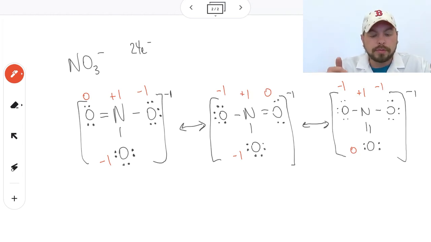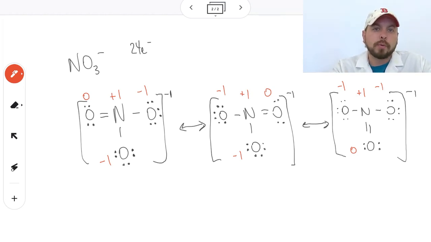Okay? This resonance structure, again, is going to result in an average of, instead of a single bond for two of the oxygens and a double for the other, all three oxygens are going to have equal bonds, which are going to be about 1.33, like 1 1/3, okay? Because the average bond order for each of the three is about 1 1/3.